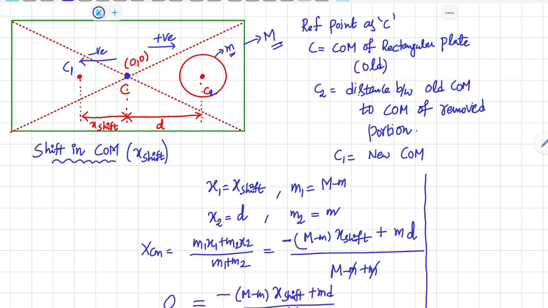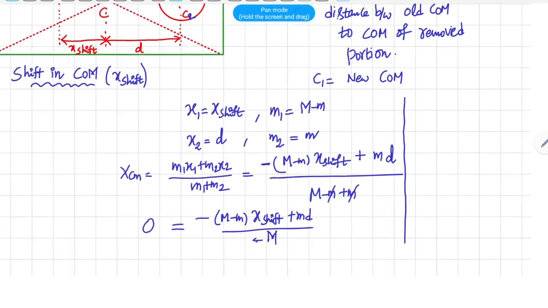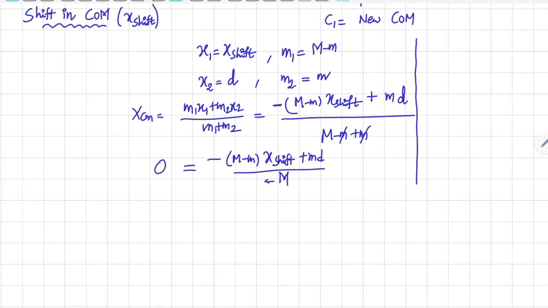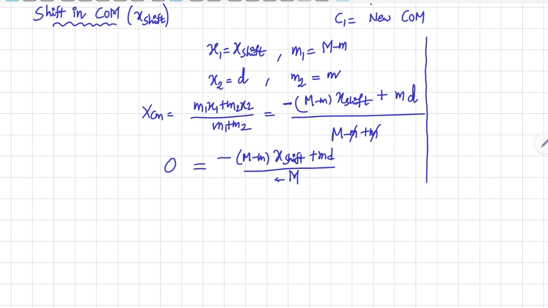Now how can I modify this equation? When you send this capital M to the LHS, it will be multiplied with 0, and you will get 0 as the result. Now what is left is minus of capital M minus small m into x shift, plus m into d, is equal to 0.